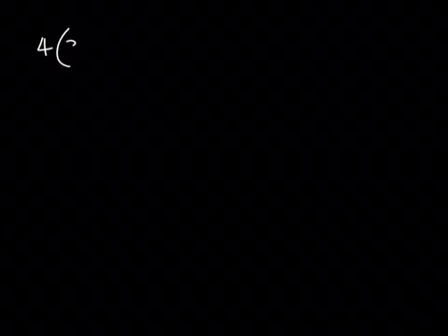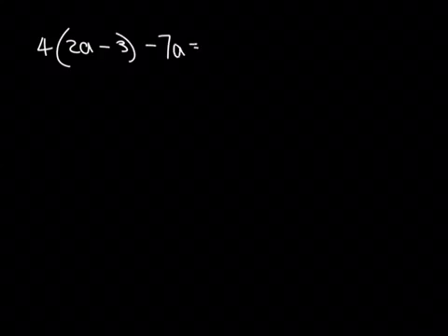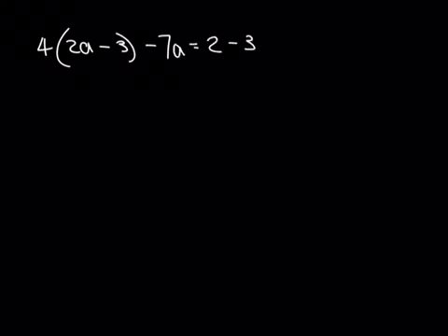And again, these are just getting more and more challenging as we go, but they're not too bad. This is what you're going to find most of the time, is you're going to be able to simplify each side of the equation before you try to get the variable, in this case an a, by itself. Alright, so PEMDAS says you're doing the parentheses, so we're going to distribute.